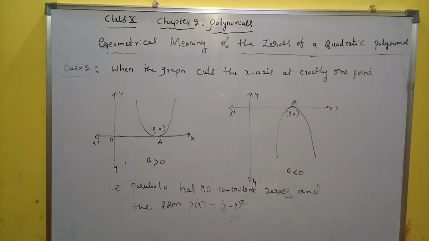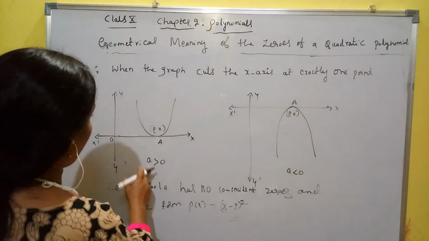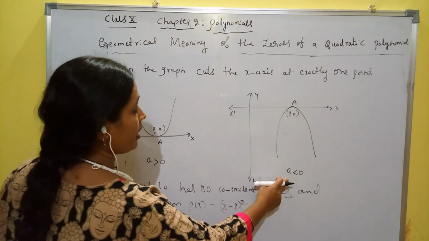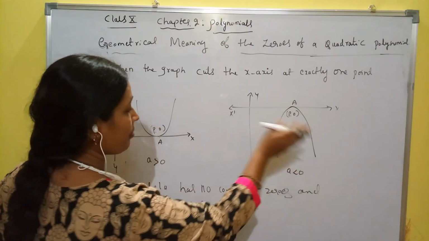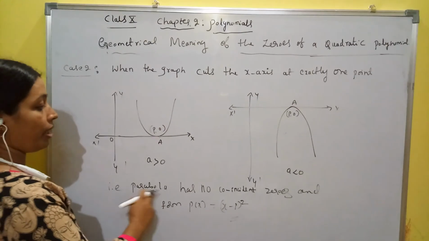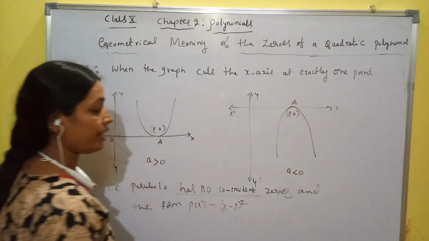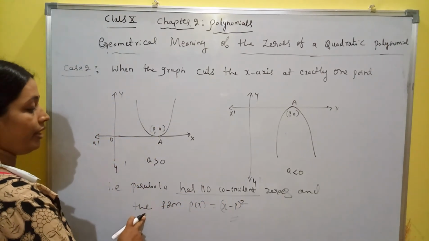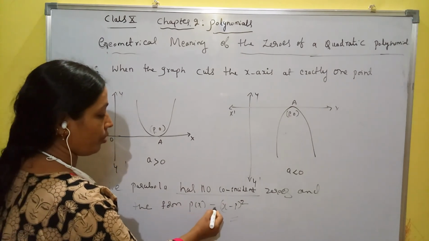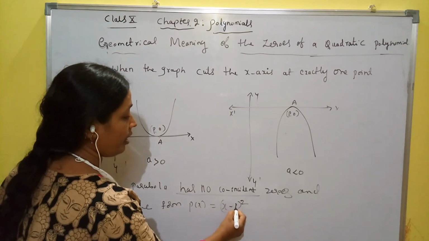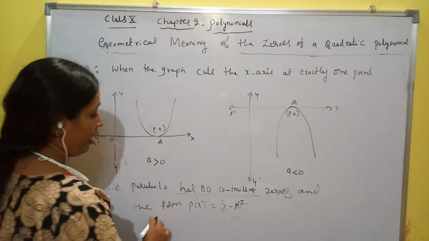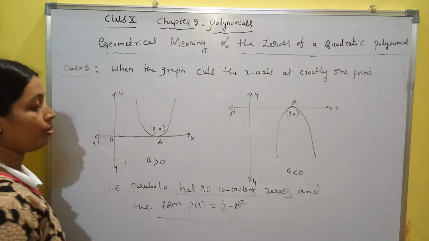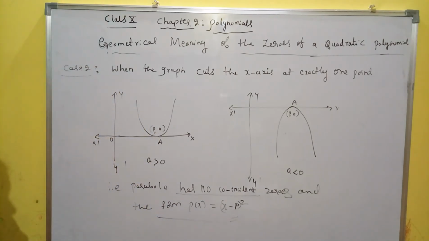Here a is greater than 0, so it is upward; here a is less than 0, so the parabola is downward. The parabola has coincident zeros and it takes the form p of x equal to x minus p whole square. This is the graphical representation of the quadratic polynomial in the second case.